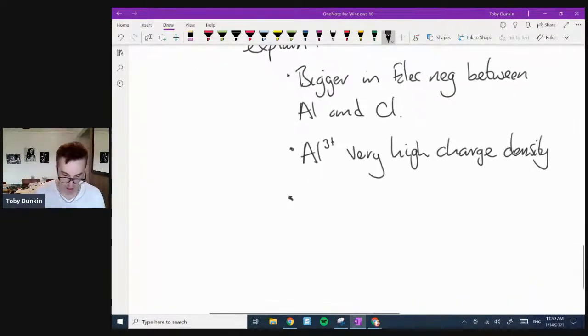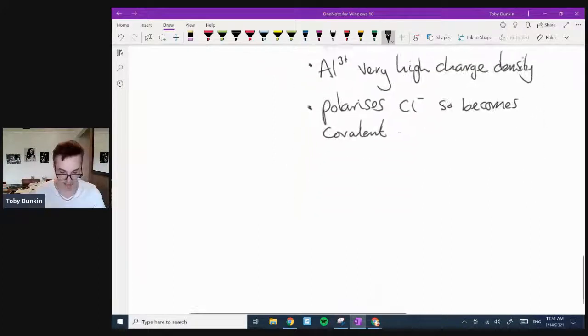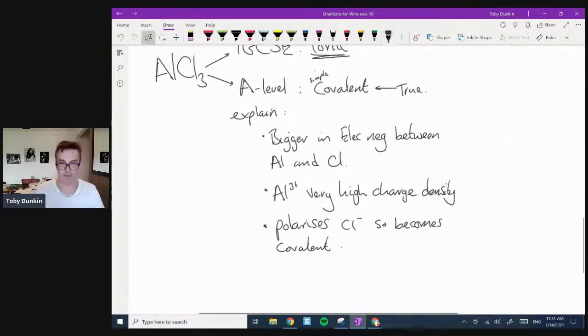Third mark, polarizes chloride ion, so becomes covalent. If you want the diagram to explain this, I don't deal with bullet points like that.